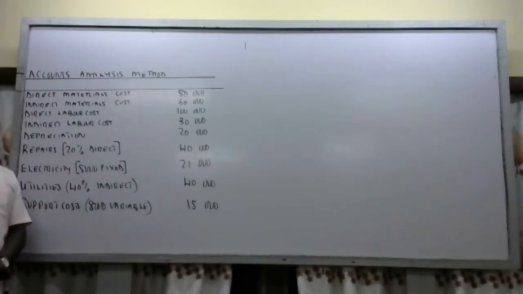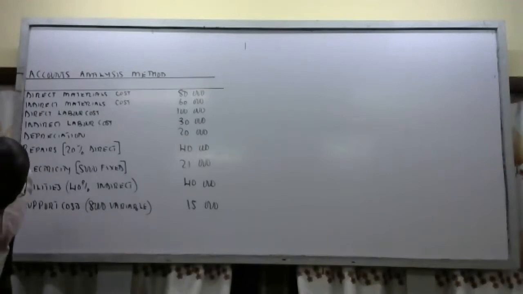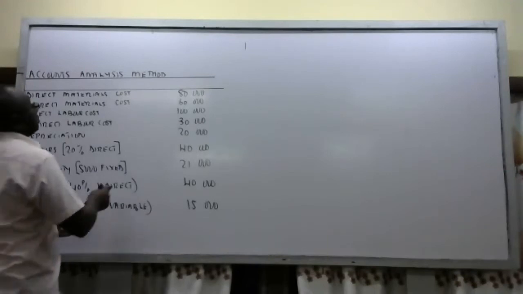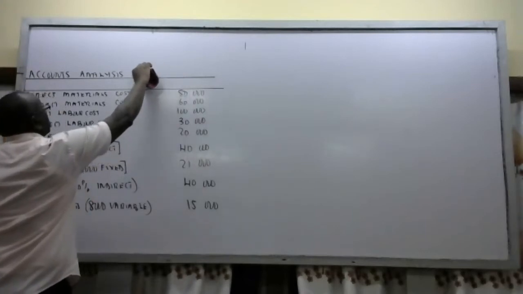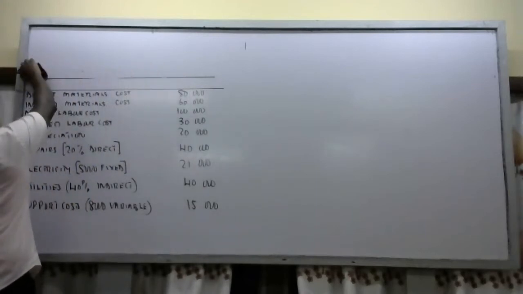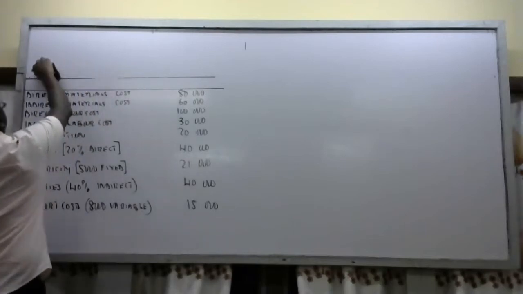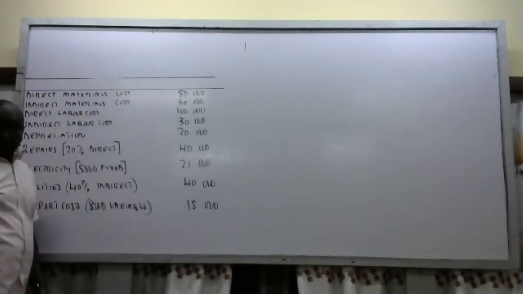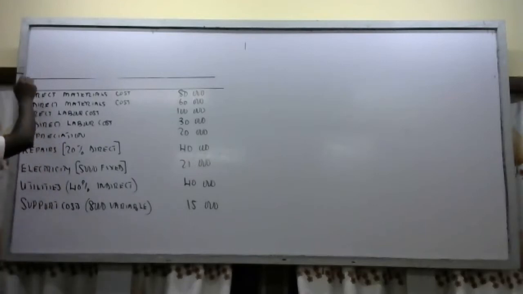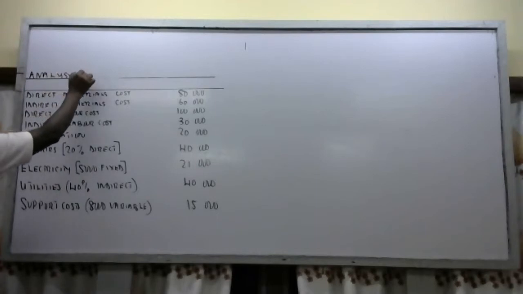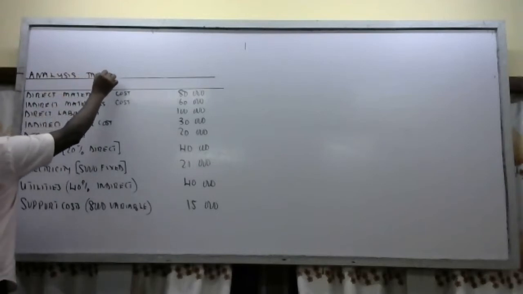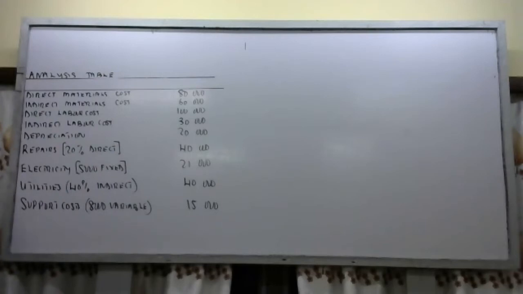So pick a solution. Now, in the solution, we are going to have an analysis table. We draw the analysis table, and this analysis table has 3 columns.